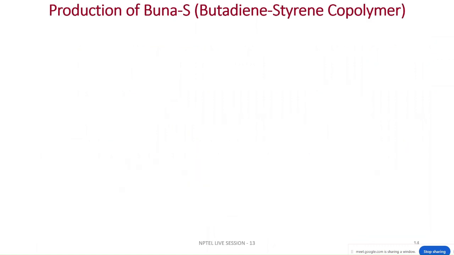Next, we will discuss the production of Buna S, which is also known as butadiene styrene copolymer. It is called a copolymer because it has two different types of monomers. One is butadiene, another one is styrene.